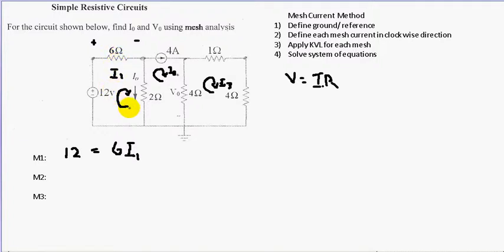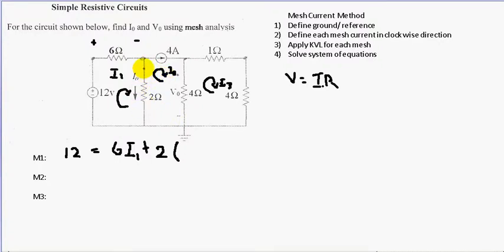And now we just went up 12 volts, down 6 ohms, and then now we'll go down through the 2 ohms. So that's plus 2 ohms times this current that's going down here. This current is a combination of I1 minus I2, right?